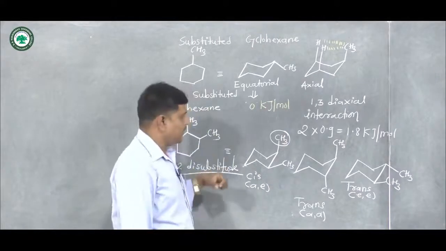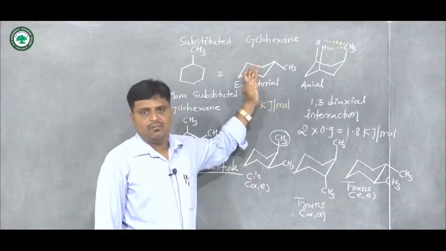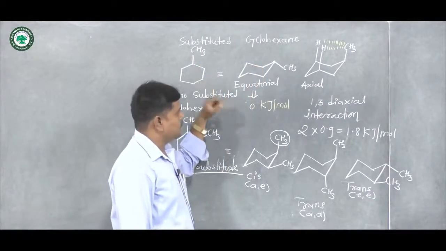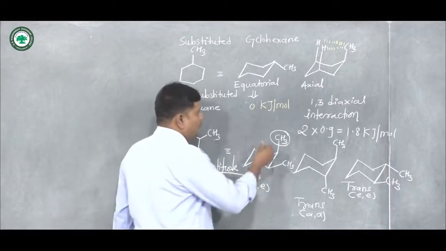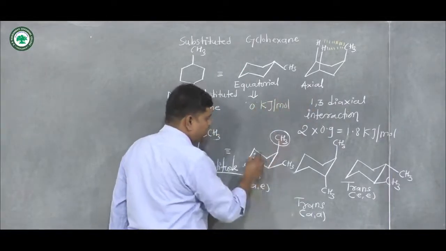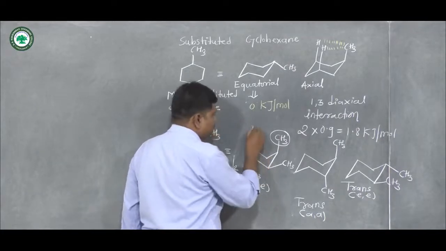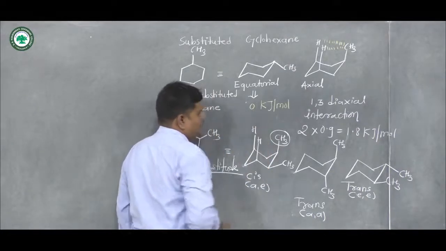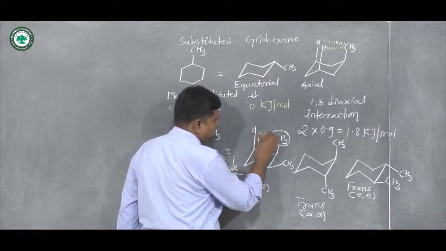Okay, and when the methyl is present at an equatorial bond, at that time it gives 0 kilojoule. Okay, so according to that we write here two interactions due to methyl. Which methyl? Axial methyl.